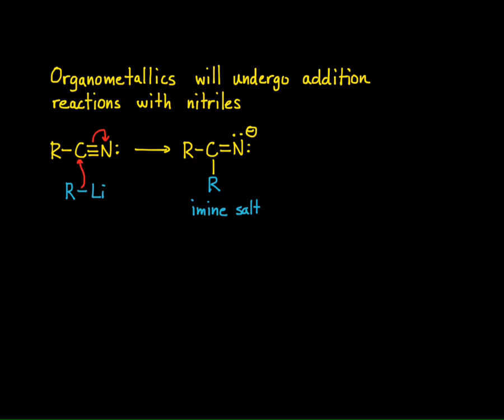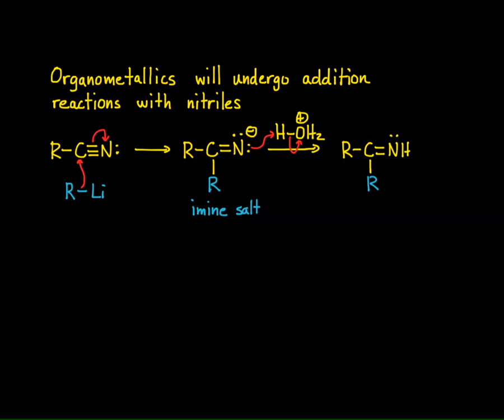And so then what do we do? In a subsequent workup, we add water and an acid to it. And in that process, the imine salt gets protonated, and you generate an imine. Now, keep in mind what conditions we're in. We're in water, and we have an acid present. Imines, as we learned back in the chapter on reactions of aldehydes and ketones, are in equilibrium with their ketones.